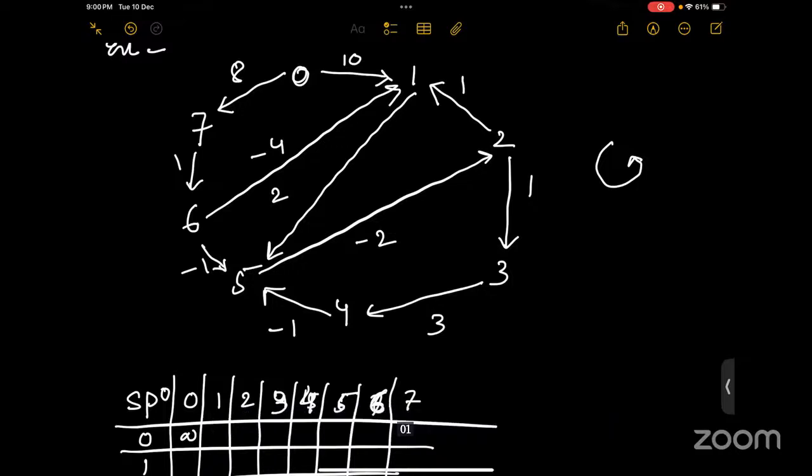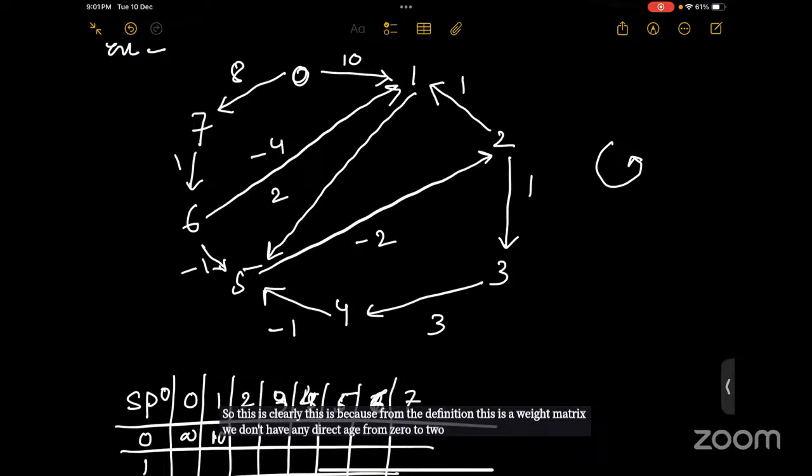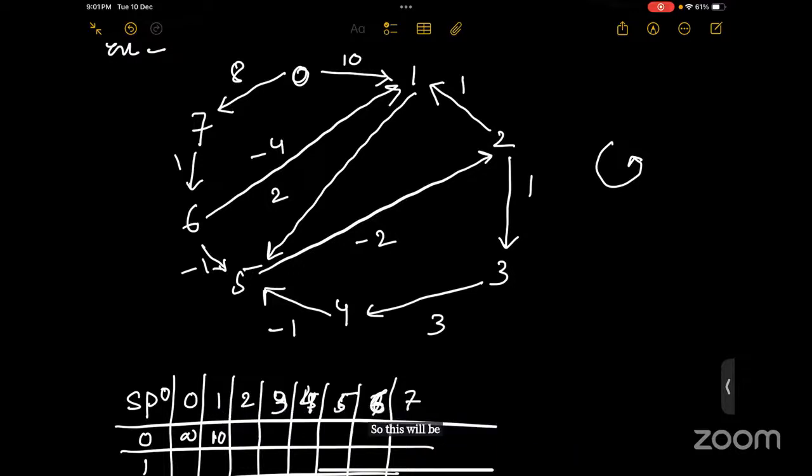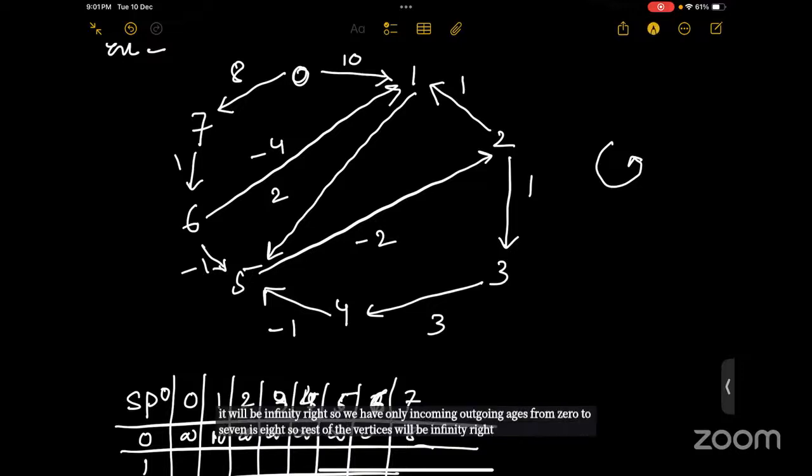This is clearly 10, right? We have a direct edge. 0 to 2. From the definition, this is a weight matrix. We don't have any direct edge from 0 to 2, so this will be infinity. We only have the outgoing edge from 0 to 7, which is 8. So the rest of the vertices will be infinity, right?